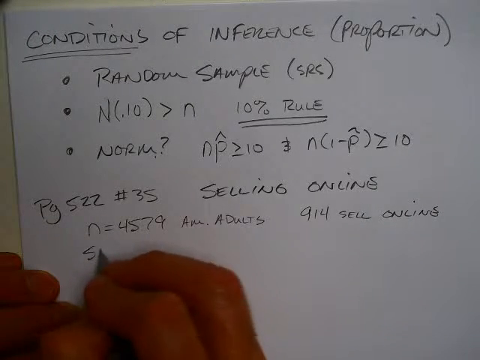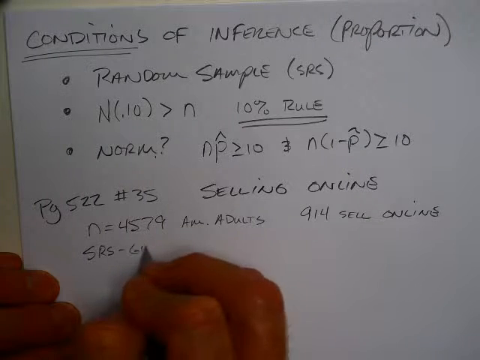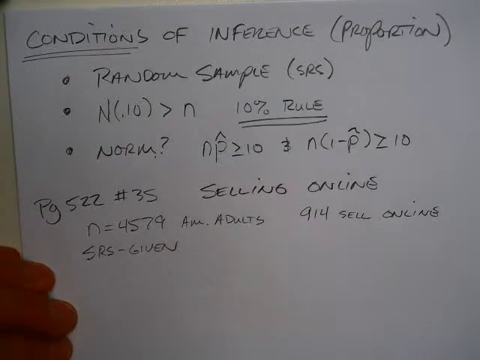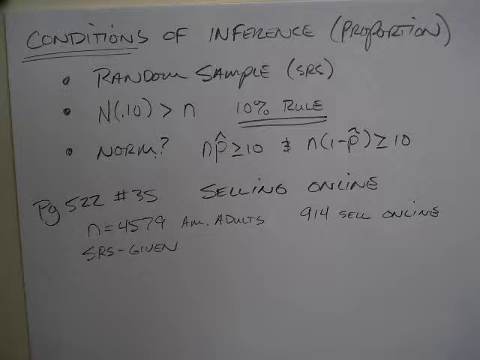And by the way, SRS was given. Assume conditions for inference are met. Determine the critical value z-score for a 98% confidence interval.